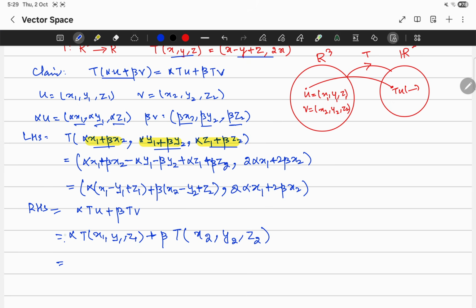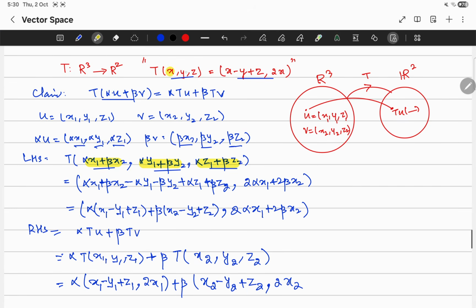Apply the T. So that will be alpha (x1 minus y1 plus z1, comma 2 times x1). Okay, so plus beta, apply the T here first, (x2 minus y2 plus z2, comma 2 times x2), because your function is in this way.